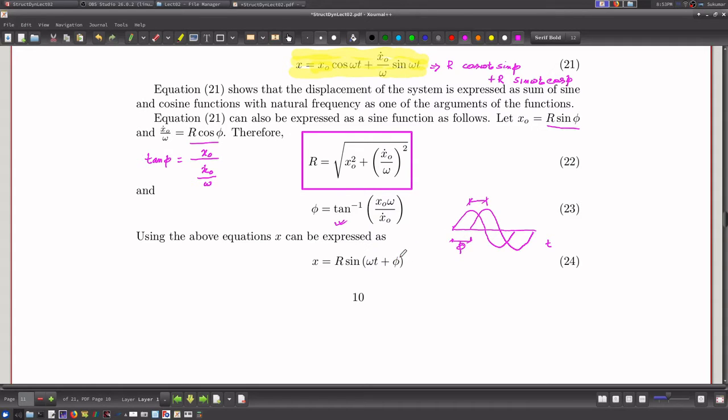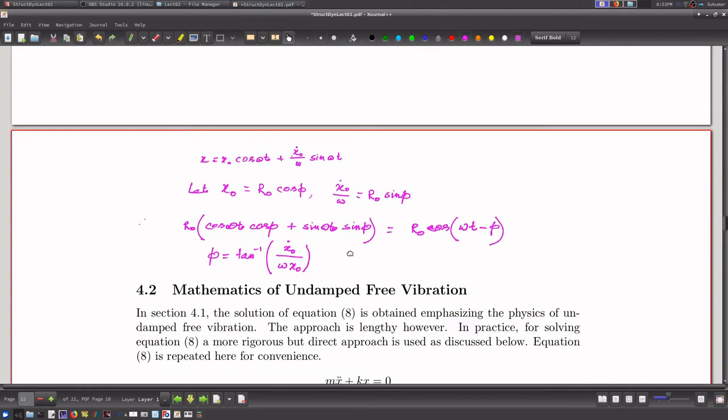And that's why this is called phase lead or phase difference, because here the resultant is leading the original term. Therefore, because phi is positive, I call it phase lead, and if phi is negative, then I will call it phase lag. Alright, so in this case, this is my phase lag.